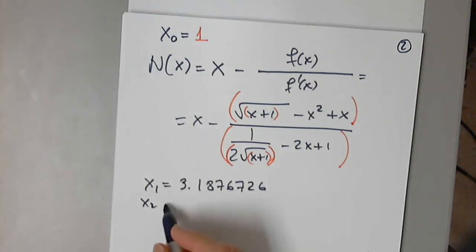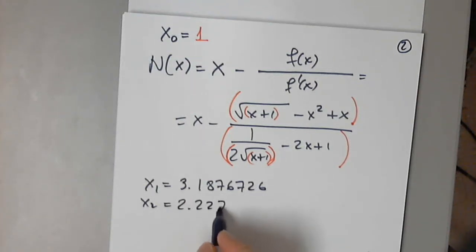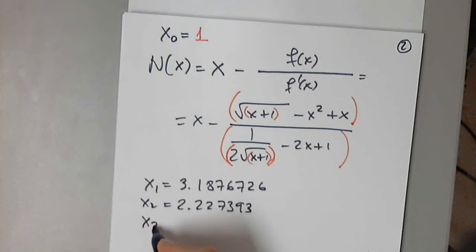This will be our x sub 2, which is 2.227393. I would have been terribly worried if x sub 2 had not gotten closer to the interval 1, 2. Okay, so then I repeat. And now I feel much better. So x3 is 1.9322877.